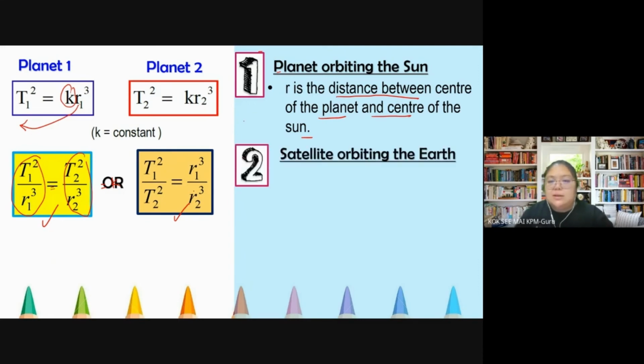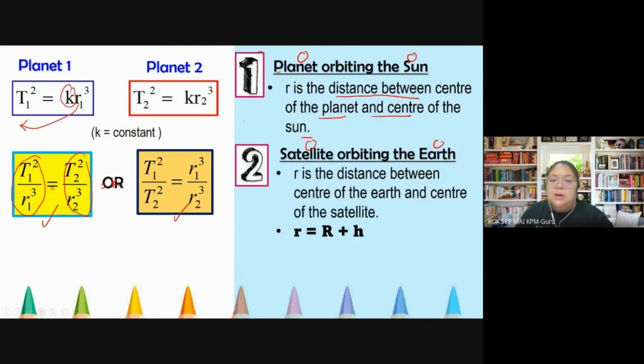Second factor: satellite orbiting the Earth. Either the planet orbits the sun, or the satellite orbits the Earth, so we need to calculate using this formula. R is the distance between the center of the Earth and the center of the satellite. This is the one I mentioned just now that is complicated. For planet and sun, no problem.